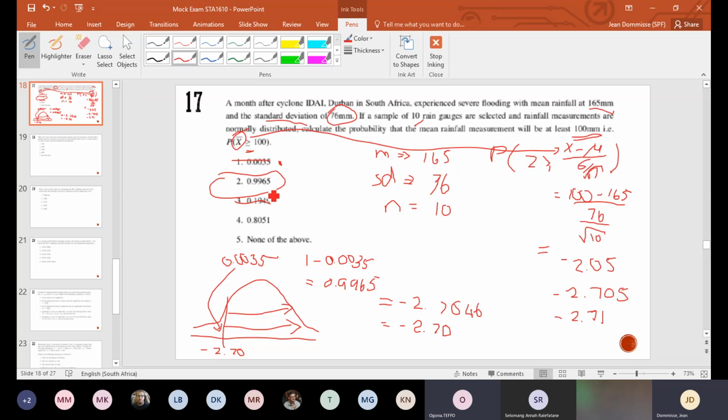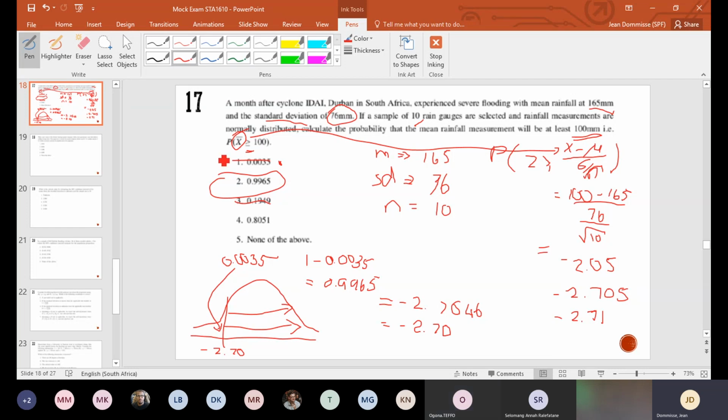But also in the exam, if it is off by 1 decimal, I would go for that answer instead of none of the above, because that tells me it was probably something small that made the difference. So for question 17, the answer was option 2, the 0.9965.